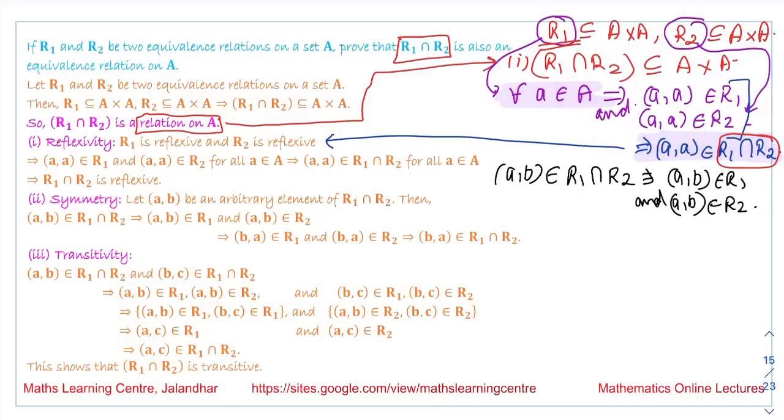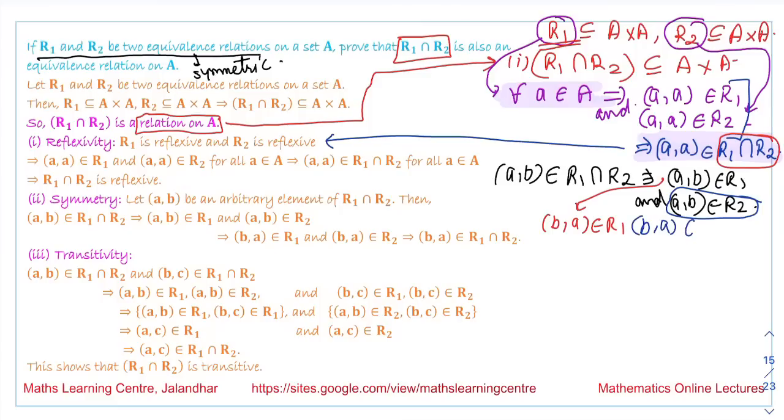What is given to us is that R1 and R2 are equivalence relations, so they are symmetric. (a, b) belongs to R1 means (b, a) belongs to R1, and (a, b) belongs to R2 means (b, a) belongs to R2.